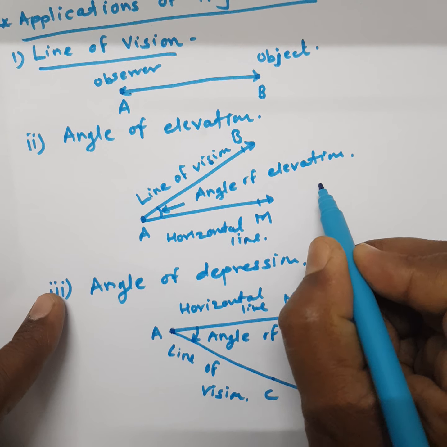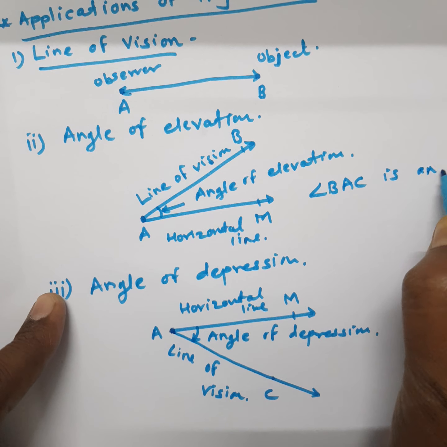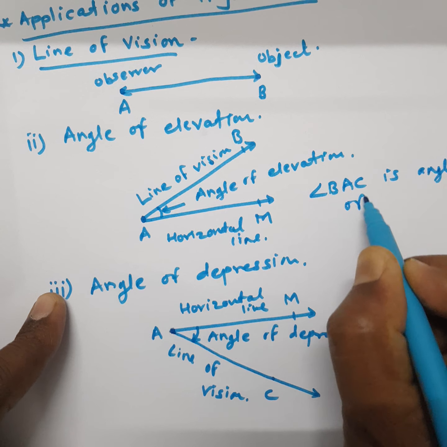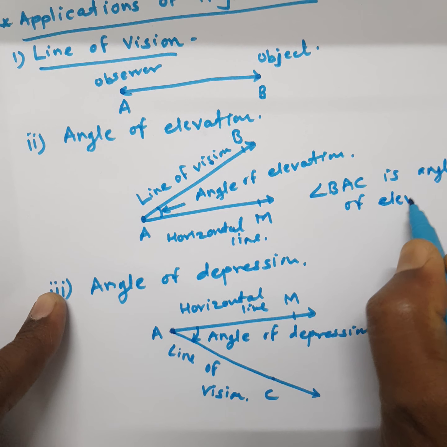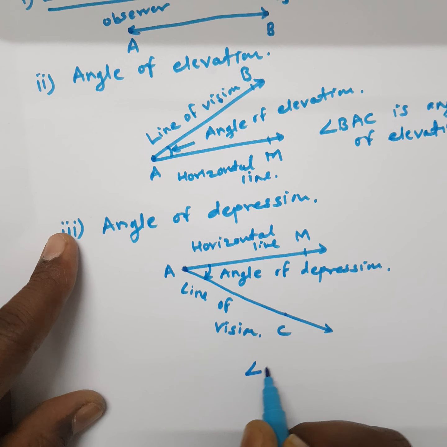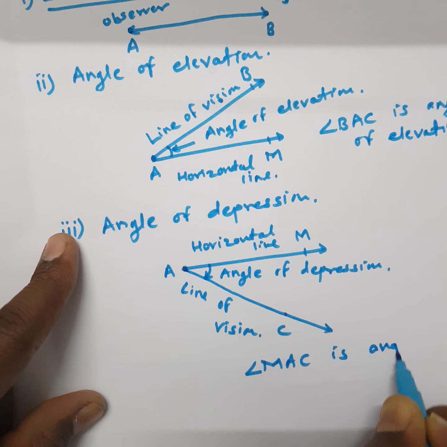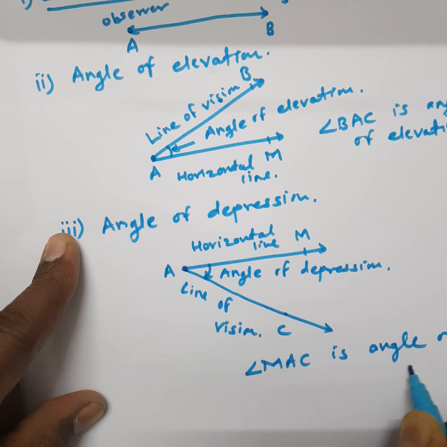Here in this figure, angle BAC is the angle of elevation, and in this figure angle MAC is the angle of depression.